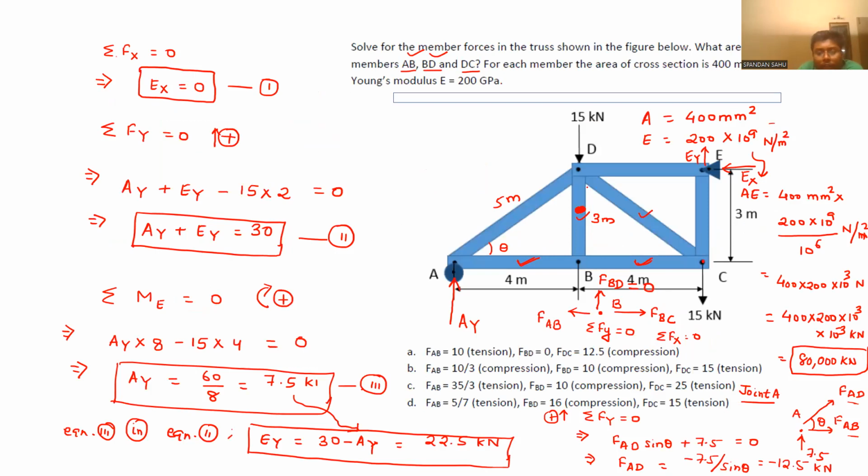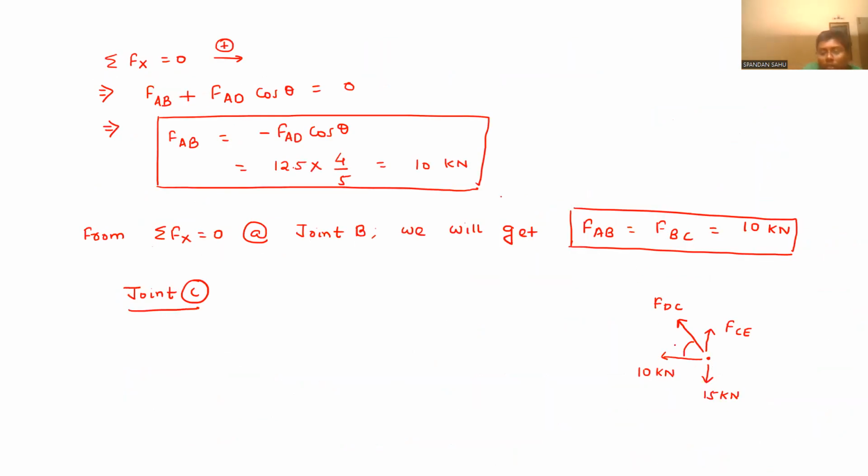And this angle will also be theta, because this 3, 4, 5 is a right angle triangle, and these 3, 4 and this 5 meter will also be a similar right angle triangle. So let this be theta.